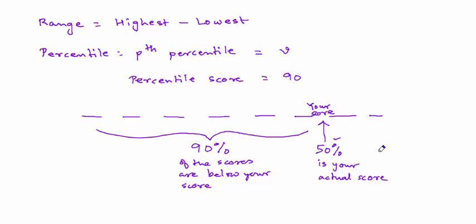And let's say this is a very hard test. Everybody has got a low score. Even if you have managed a score of 50%, you are still in the top few. And then we go on to say your percentile score is 90. That's how you should interpret a percentile score.